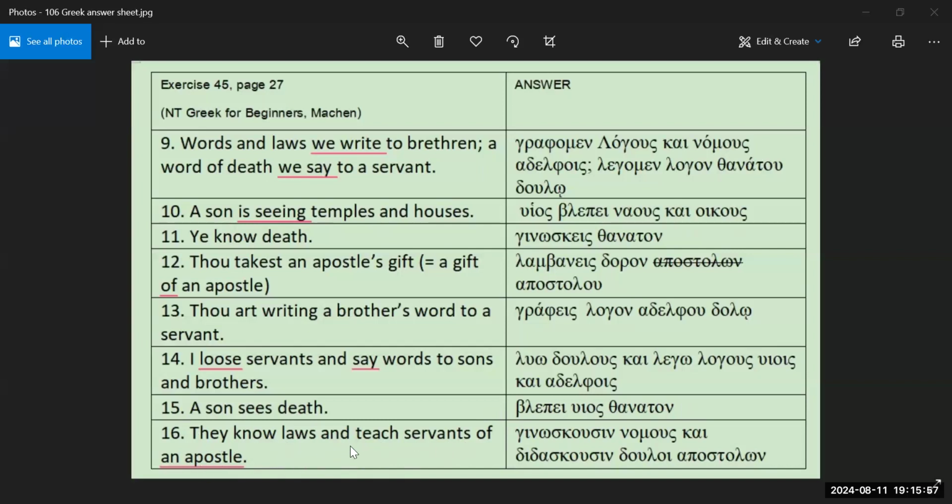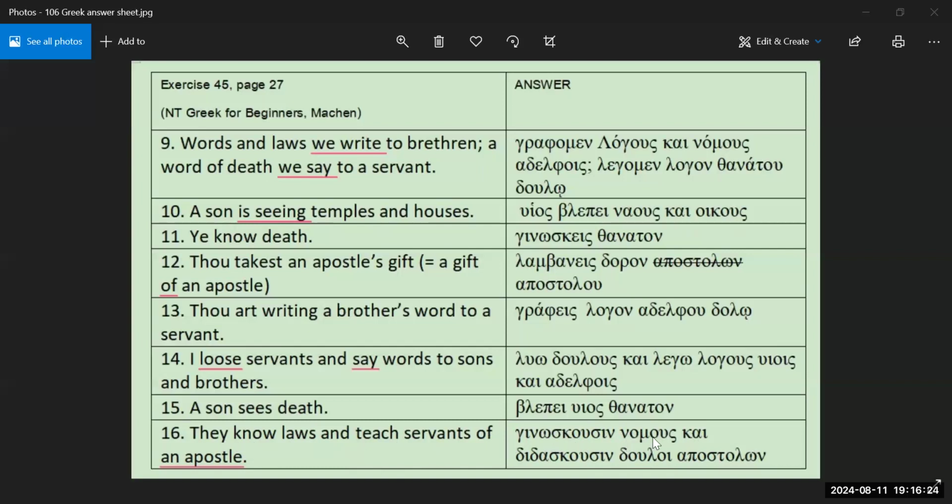So we've got two phrases here. You got the first phrase, they know laws, and then you have the conjunction, kai, and then you're going to have the second phrase here. Ginoskousin is they know. What do they know? They know laws. So the laws are sort of something that's known by them. The laws aren't doing the action. But that's why we call them the object of the action.